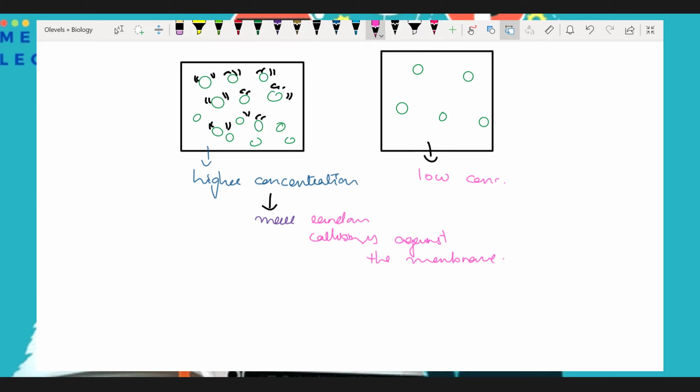For example, in the root hair cells, if there is very little water inside of them and there is a large amount of water outside the root hair cells, since the gradient is larger, the rate of diffusion will be faster. Okay.